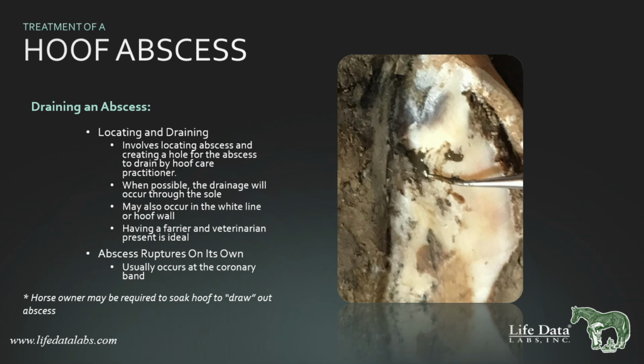To help speed up the rupture, if we can't find or locate it, a lot of times the horse owner is going to have to do some soaking with warm water and Epsom salt. There are many other things that can be used to help aid in the rupture of the abscess. Animalintex is another product that can be used. Ichthammol is another one as well.